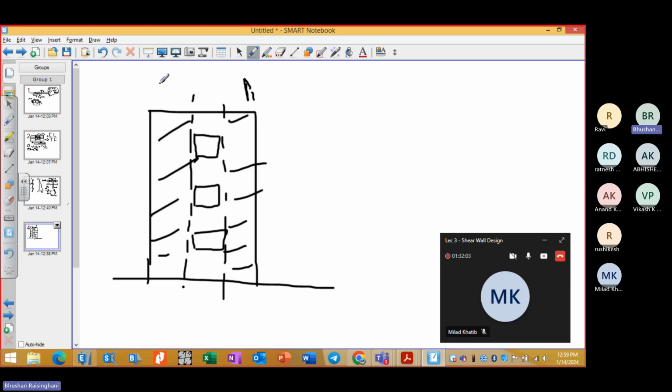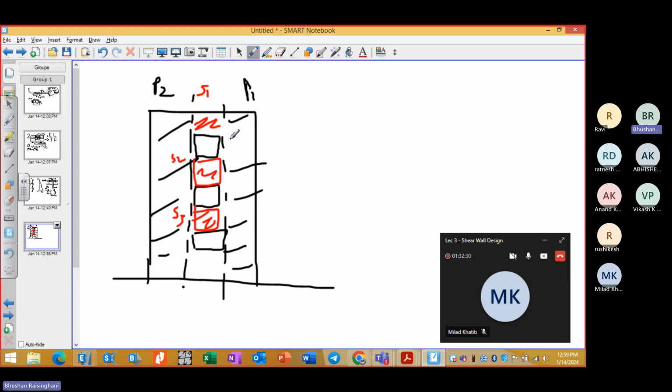So P1 and P2, and in between this portion, this much area in between will act as a spandrel. So that would be S1 or S2, S3, that way it will act.